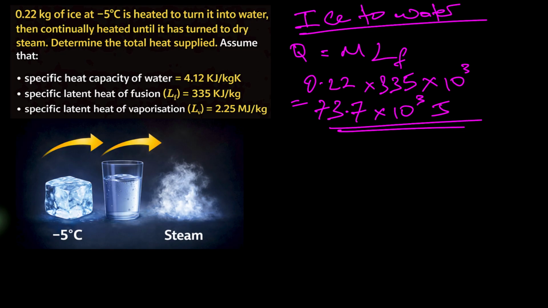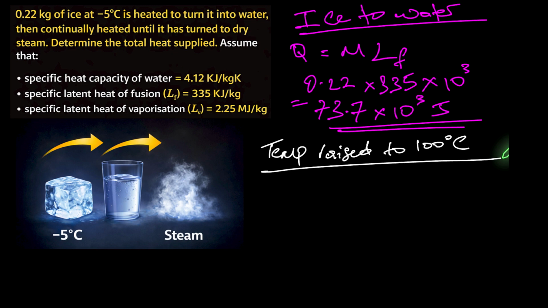So what we need to do now is to calculate how much energy it will take to raise the temperature of water to its boiling point, which is 100 degrees Celsius.